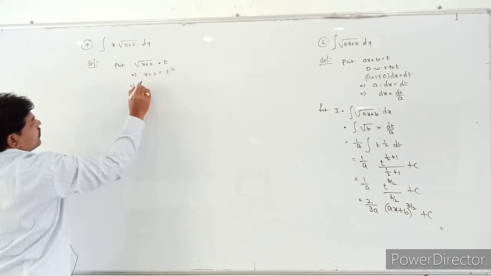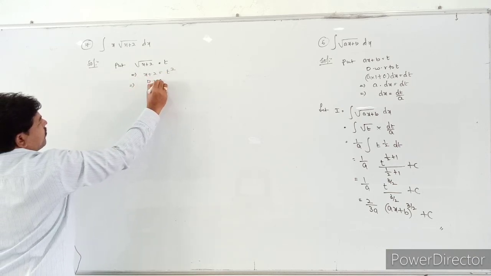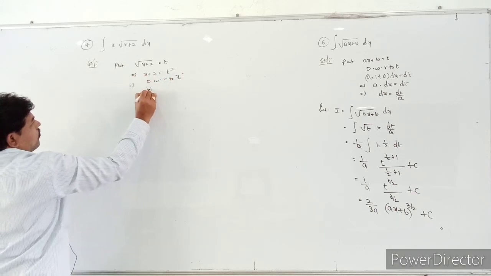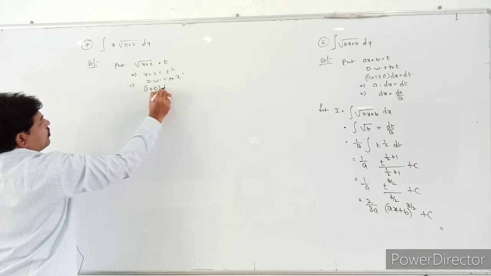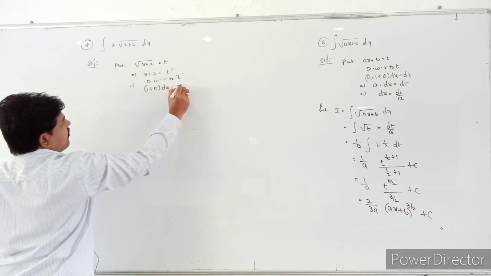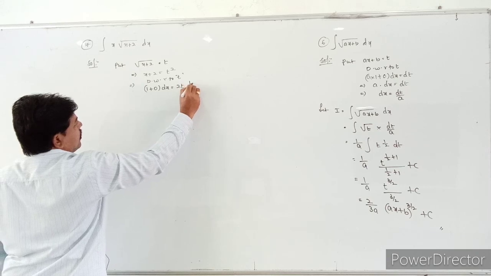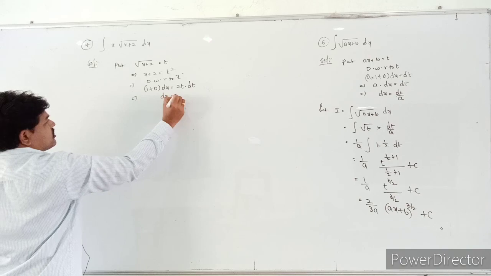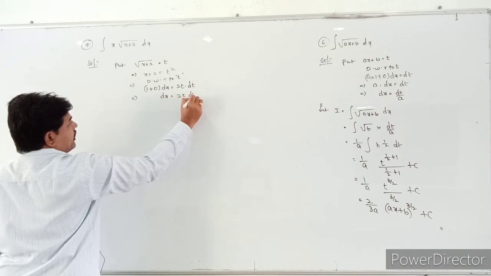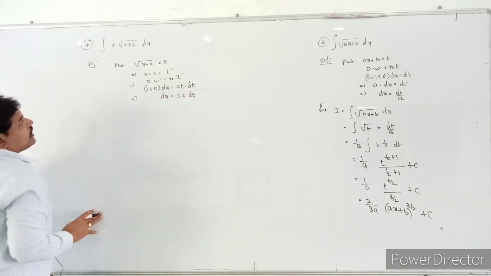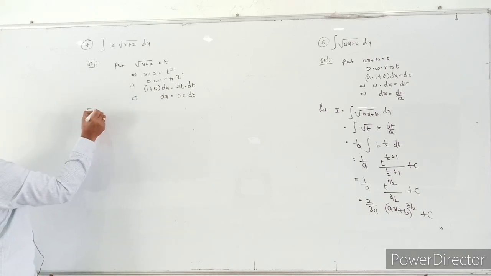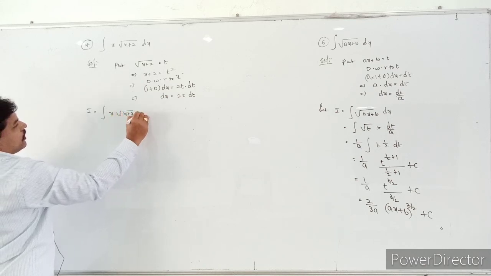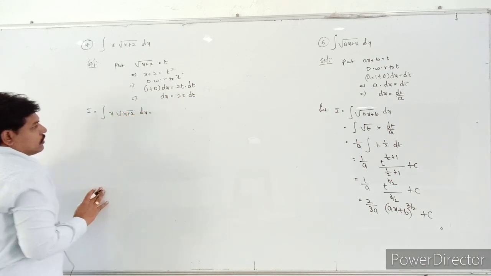Differentiate with respect to t: the derivative of x is 1, plus the derivative of 2 is 0, into dx is equal to the derivative of t square, which is 2t into dt. That implies dx is equal to 2t into dt. Take the problem as I is equal to the integral of x into root of x plus 2 into dx.